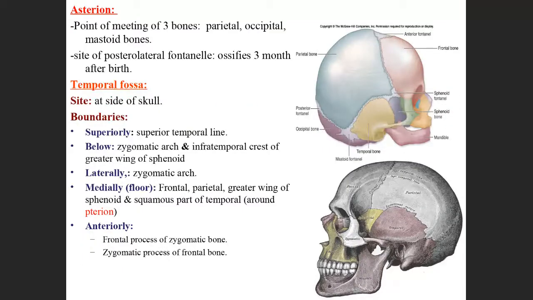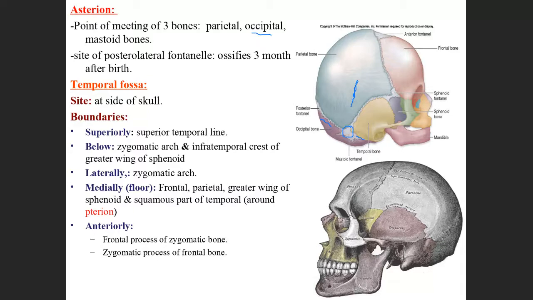Next, asterion. What is asterion? This we already discussed. Again here, asterion is the meeting point of three bones. So what are the three bones? One is parietal, occipital, and mastoid. This one. This is the parietal, the occipital, and the part of the mastoid. This area is called asterion.